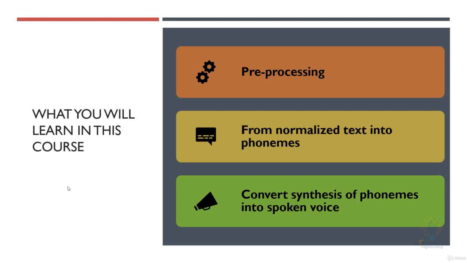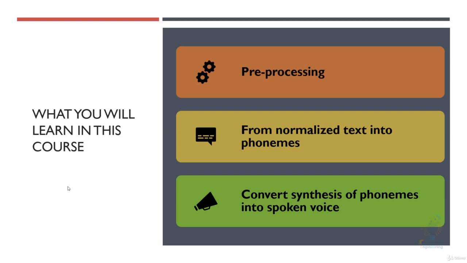This step is very essential so that your machine can speak the words just like a human being. So the second step will involve conversion of normalized text into phonemes, as we already mentioned, and the first step will be pre-processing, where you convert symbols, numbers, and abbreviations into something that the machine can read.